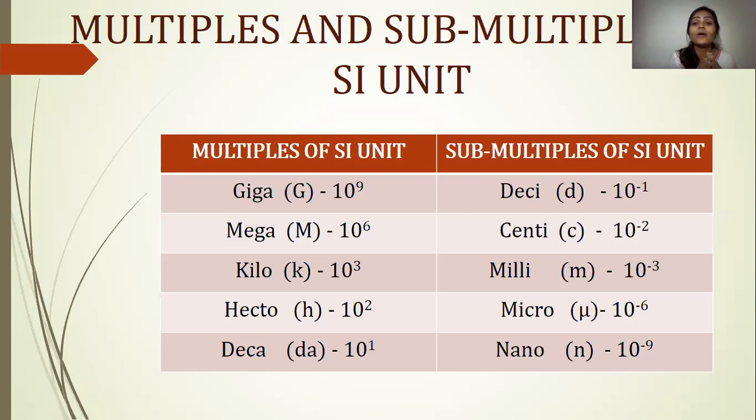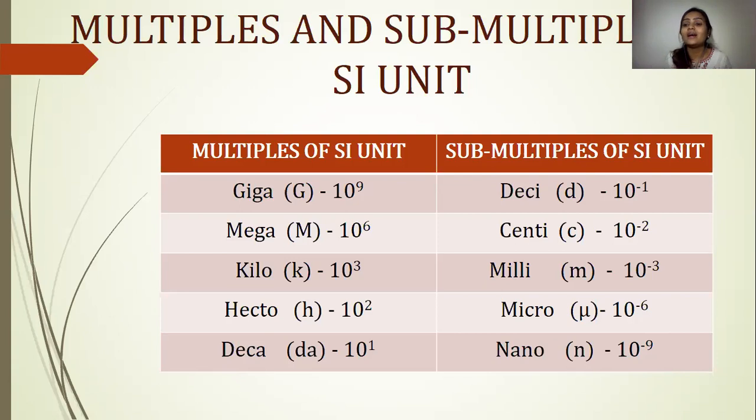Multiples of the SI unit are the larger quantities, the ones which may be in lakhs, billions, crores. Whereas sub-multiples are measures in decimal quantities, which are very tiny and small.